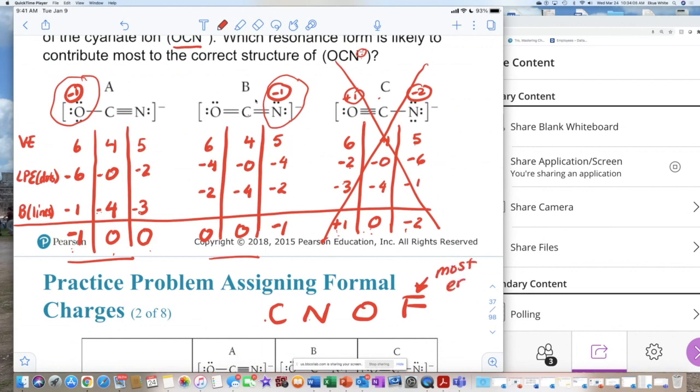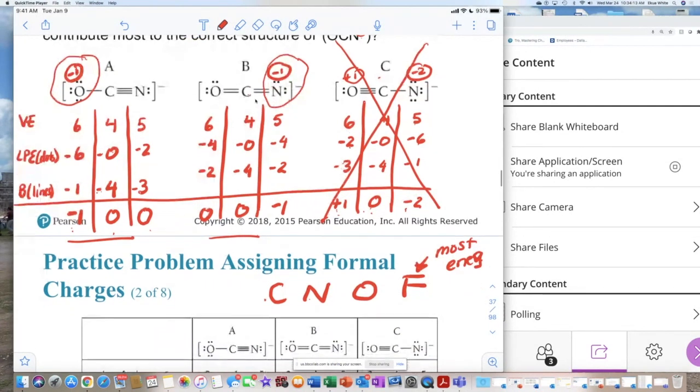Anyway, fluorine is the most electronegative. So between oxygen and nitrogen, oxygen is more electronegative than nitrogen.